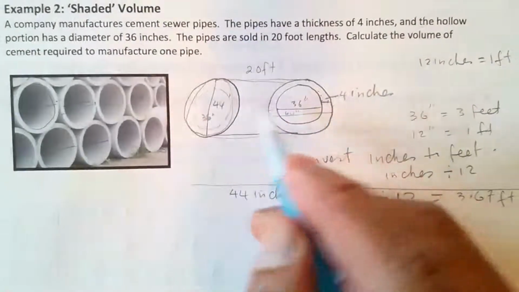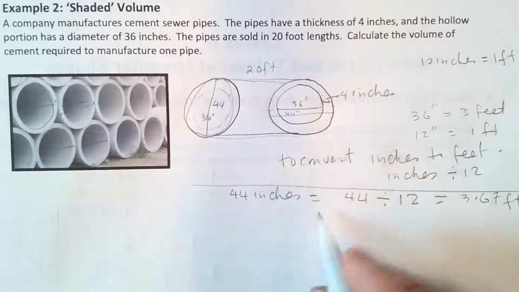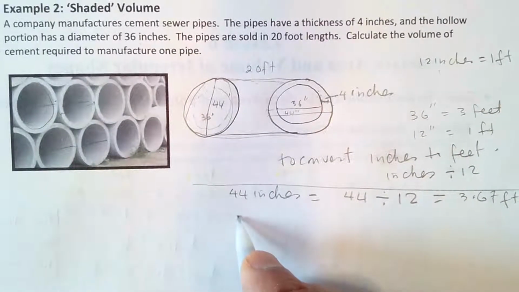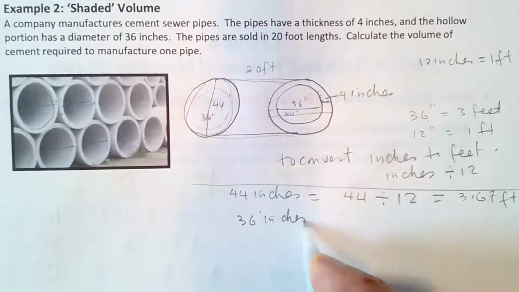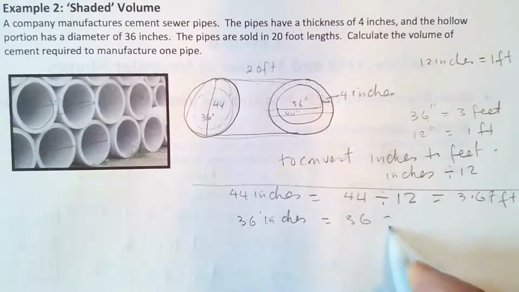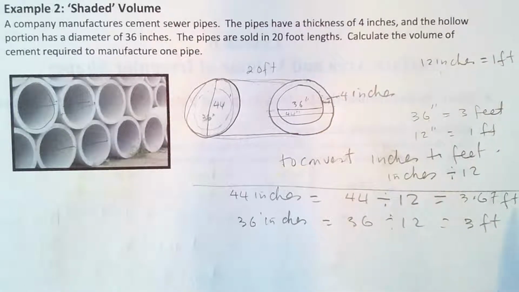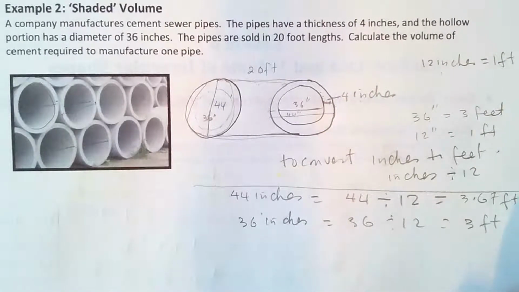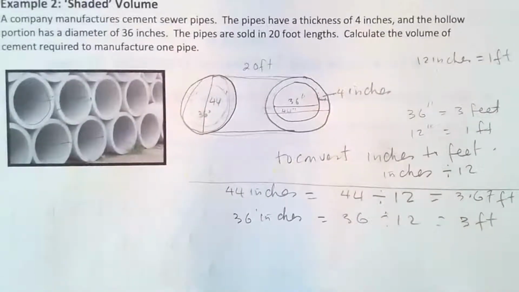That's the outer dimension. The inner part, which is 36 inches, 36 divided by 12, is 3 feet. So now we have all of our units in feet.